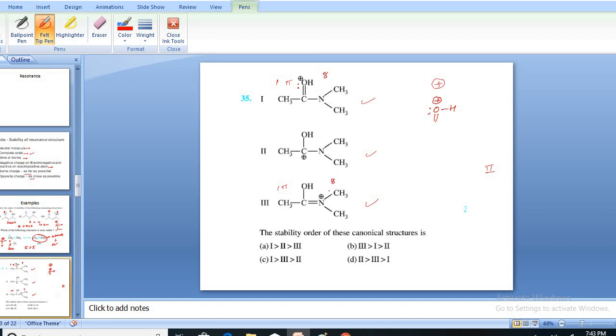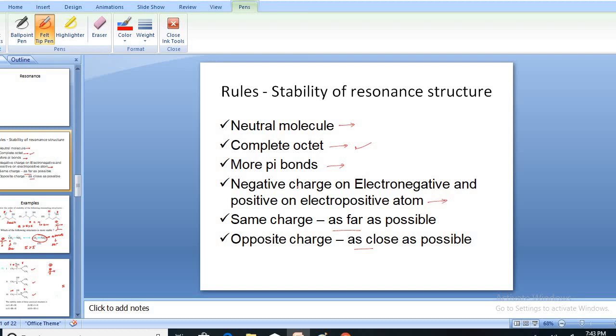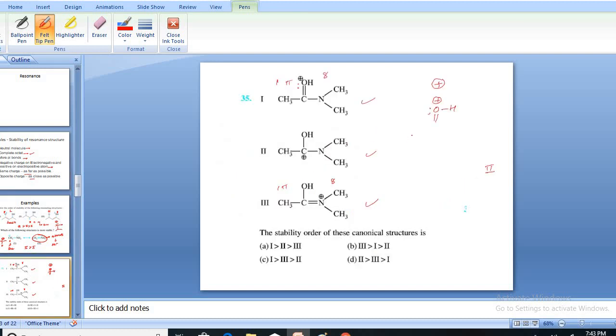Now let's come back, more number of pi bonds. Yes, very good. Now if you could see here, the next rule is negative charge on electronegative atom. The electronegativity of oxygen is greater than the electronegativity of nitrogen, right? So that means nitrogen should carry the positive charge because it is less electronegative, and oxygen should carry a negative charge.